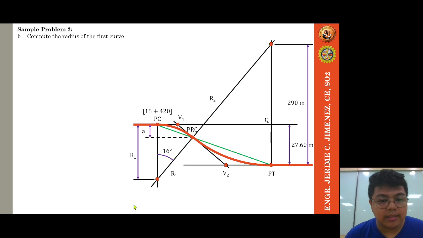So let's compute for the value of A. Okay, what is A? A is equal to R sub 1 minus etong distance na to. Okay? So, ano itong distance na to? What is this distance? This distance is this portion. Okay?